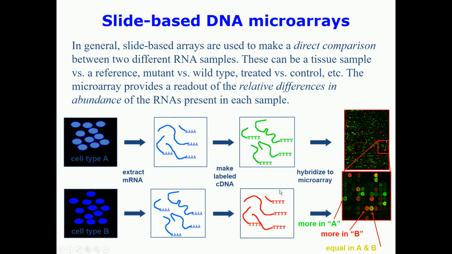Suppose some gene is more in cell type B, you will see the red spots, and whichever gene is more in cell type A, you will see the green spots. So if this is a gene which is getting green color, it is more in A. If it is red, it is more in B. If you see yellow, it is equal in both.